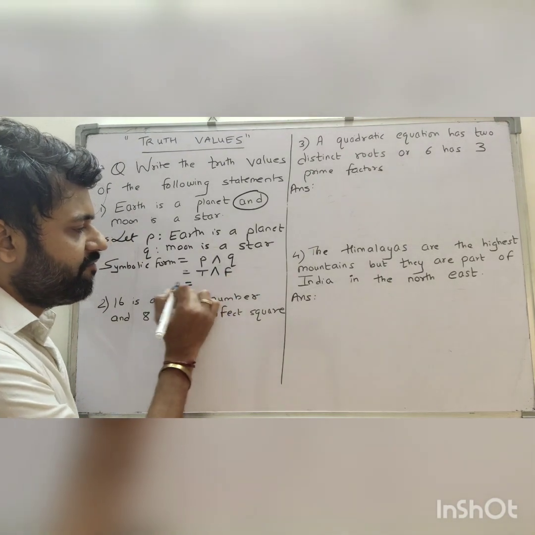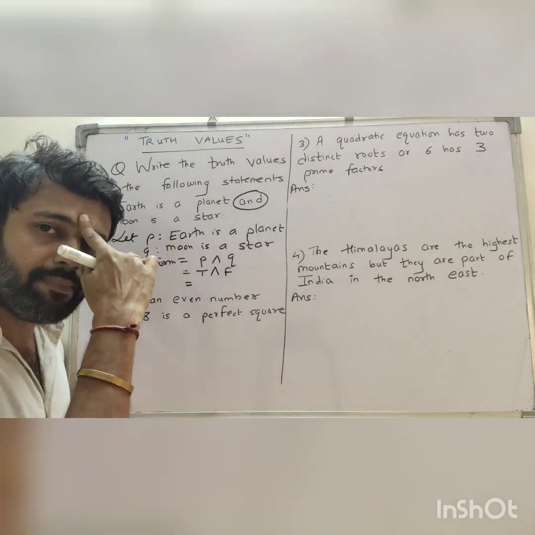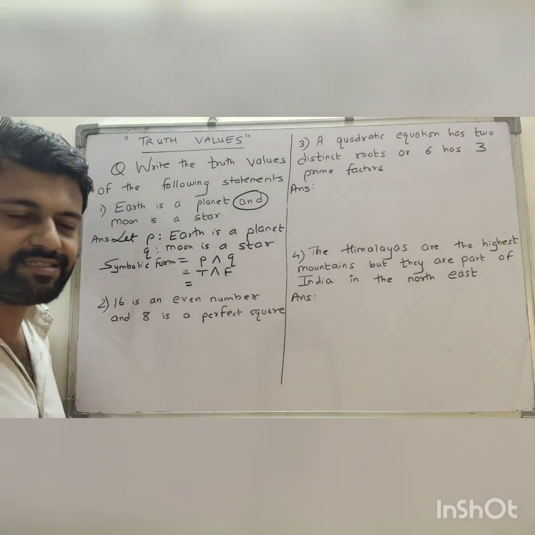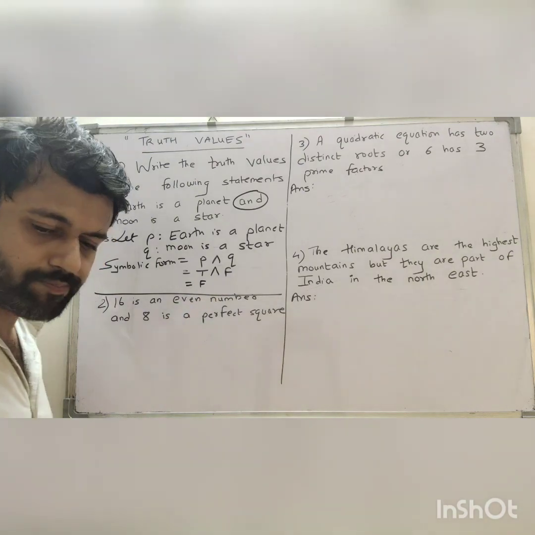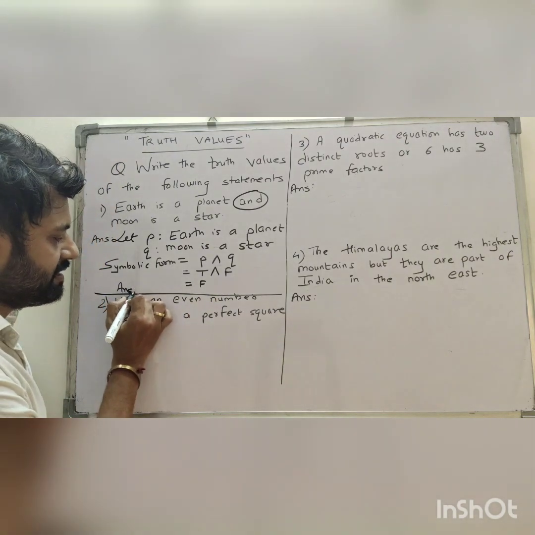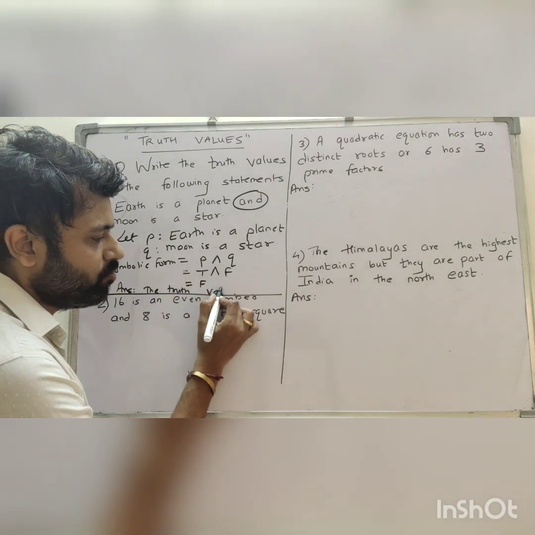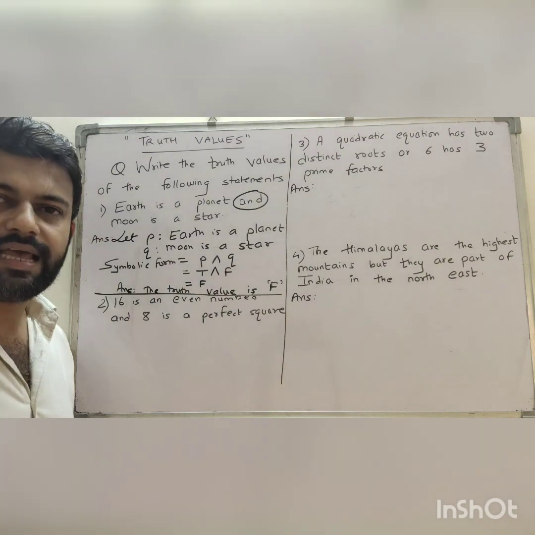T and F. For this answer, one has to remember the truth table. T and F says it is F. And so, the truth value is false, F.